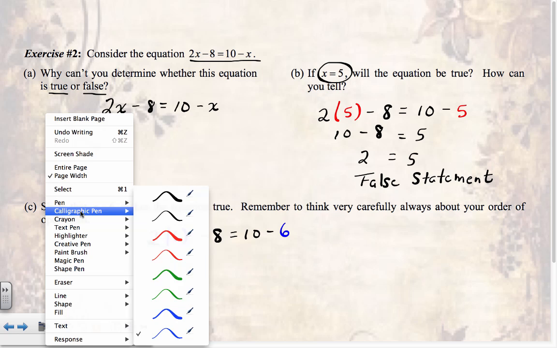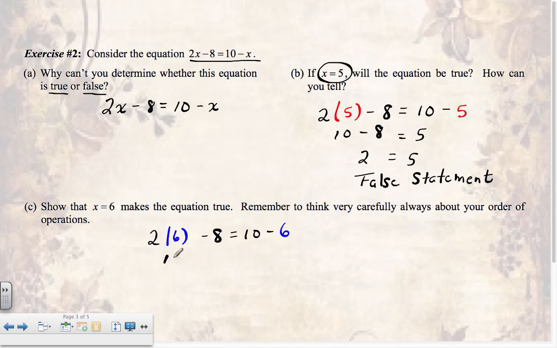Okay, so let's do our math now. This would be 12. Order of operations, multiply first. Minus 8, so this is 4. 10 minus 6 is 4. Awesome! So this is a true statement.